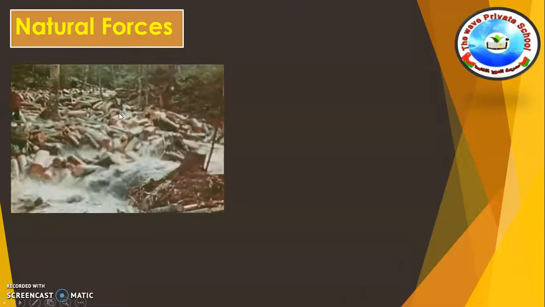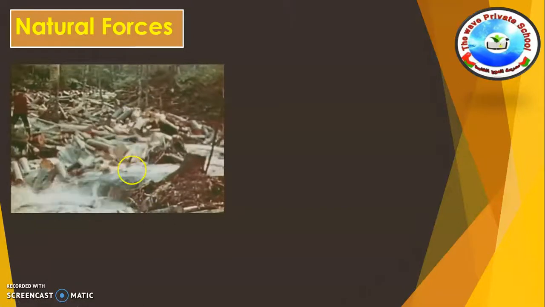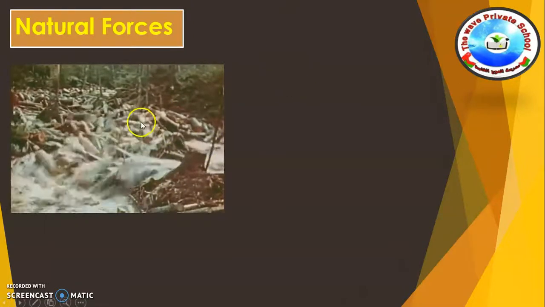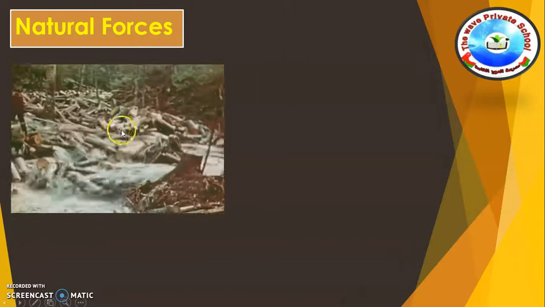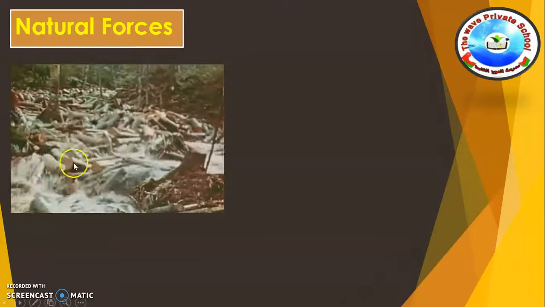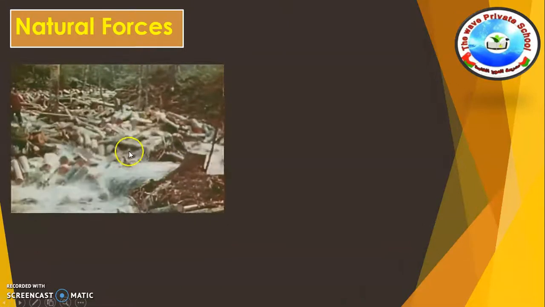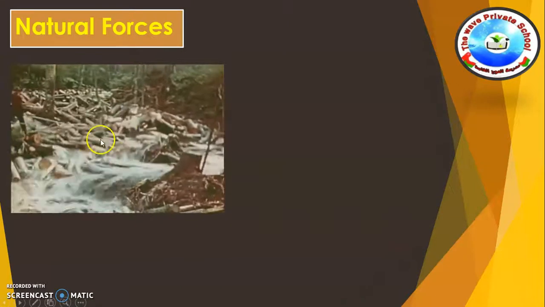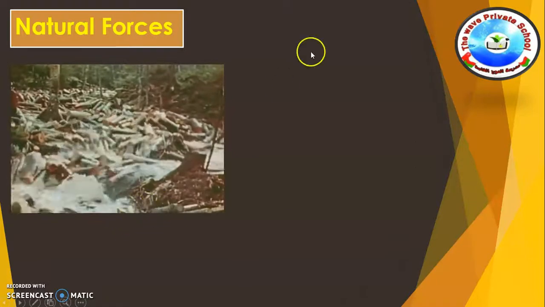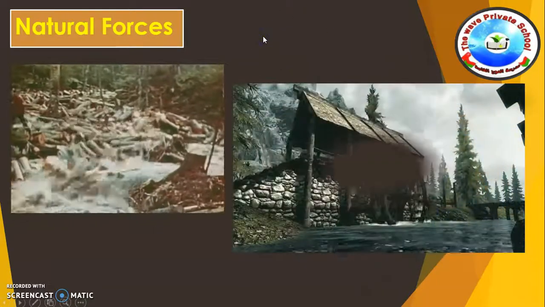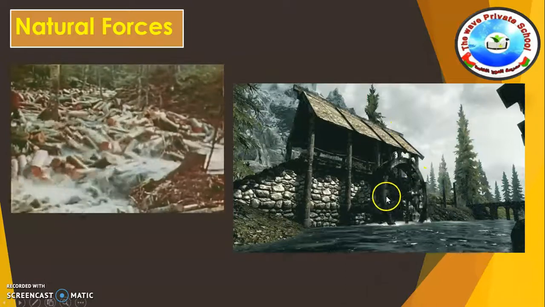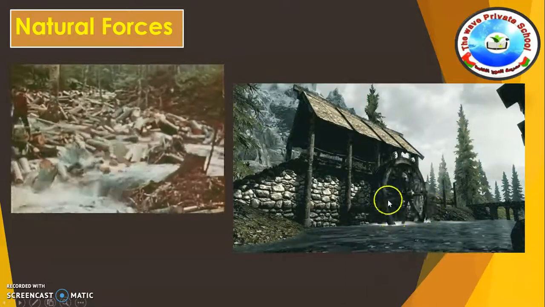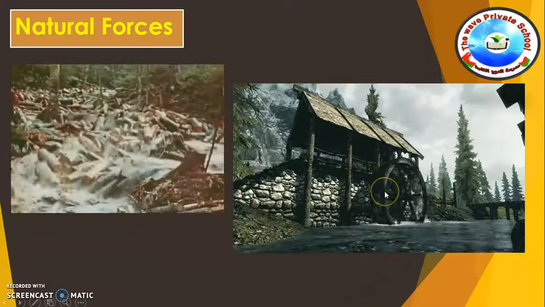This time, I want you to look at this carefully. As you can see here, the logs are being moved along the river by what? Yes, look at that. And another one here. The wheel here is being moved by what?